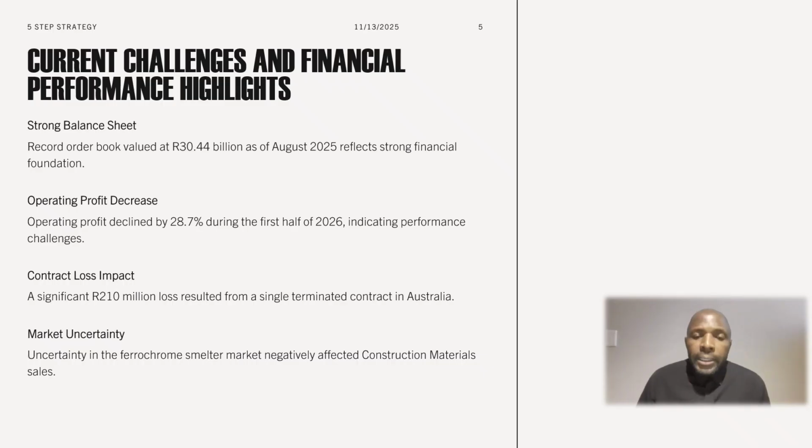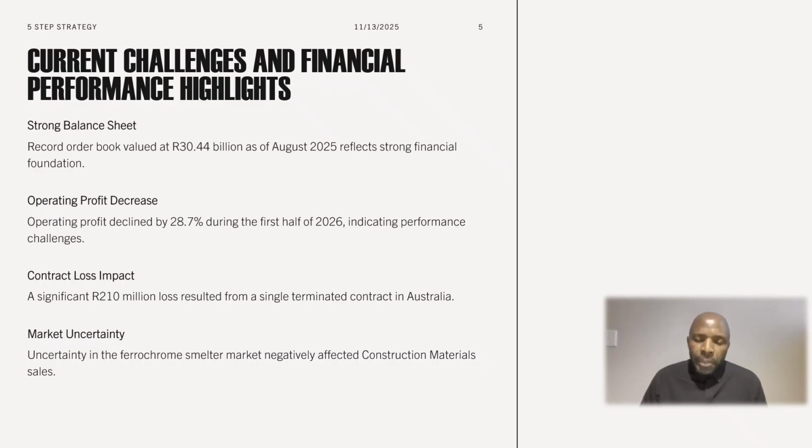We have gathered and tried to understand the current challenges, and this is what we could pick up. On the positive side, there's a strong balance sheet because they've got a record order book valued at 30 billion, as of August 2025.